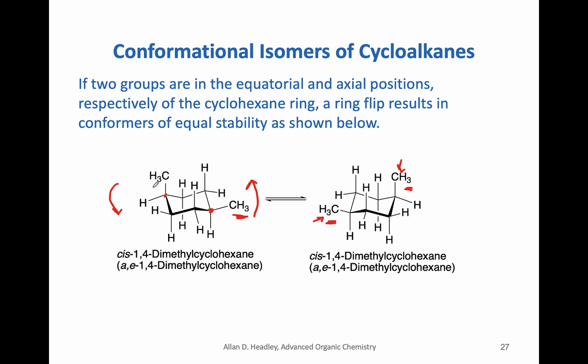So they're about the same stability. But the take-home lesson here is the relationship is a cis. So this is an axial-equatorial, and likewise this is an axial-equatorial 1,4-dimethylcyclohexane.